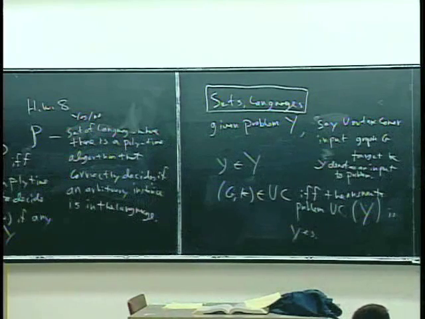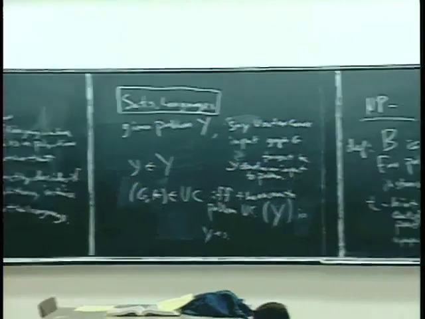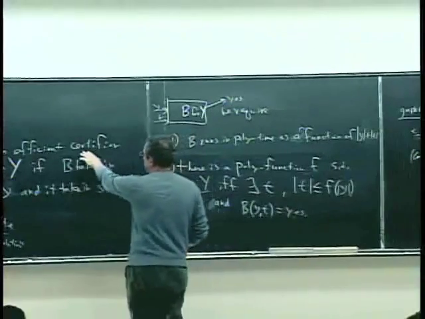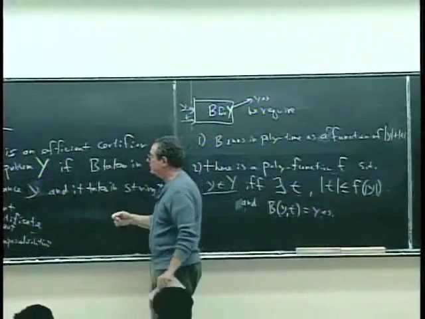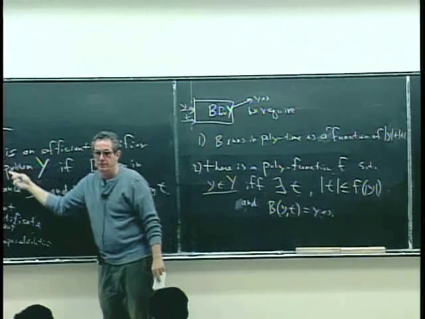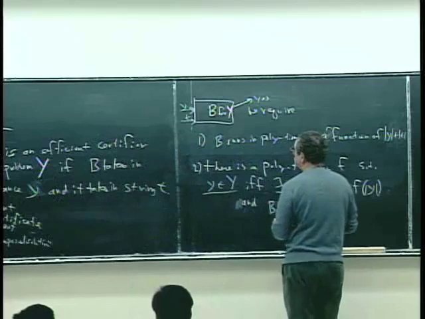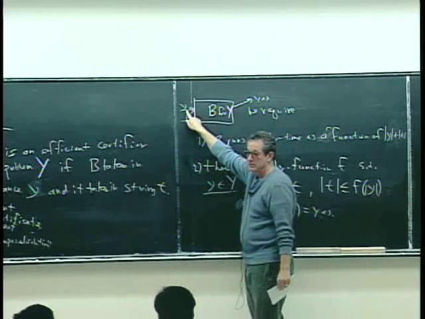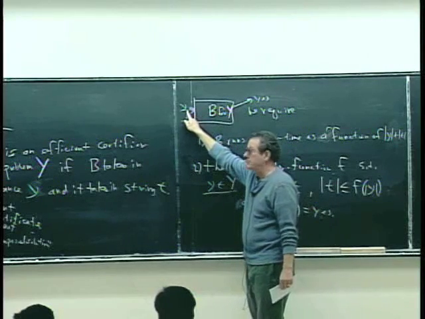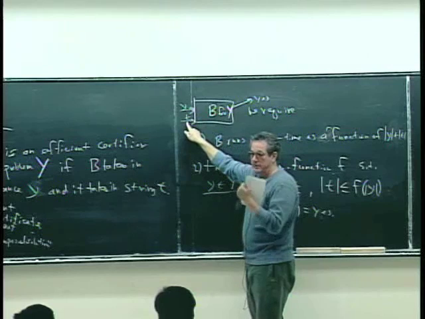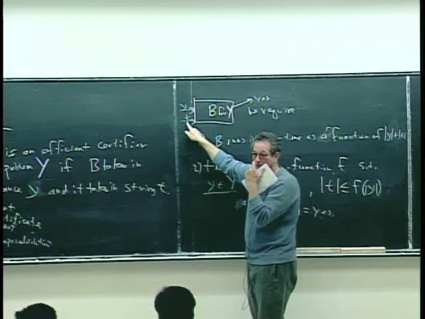But to say that there's an efficient checker or efficient certifier, it means there has to be an algorithm B that runs in polynomial time and can take in the number, which is y, the number where we want to know whether it's prime or not, and some hint, where the hint can't be very big. Okay?